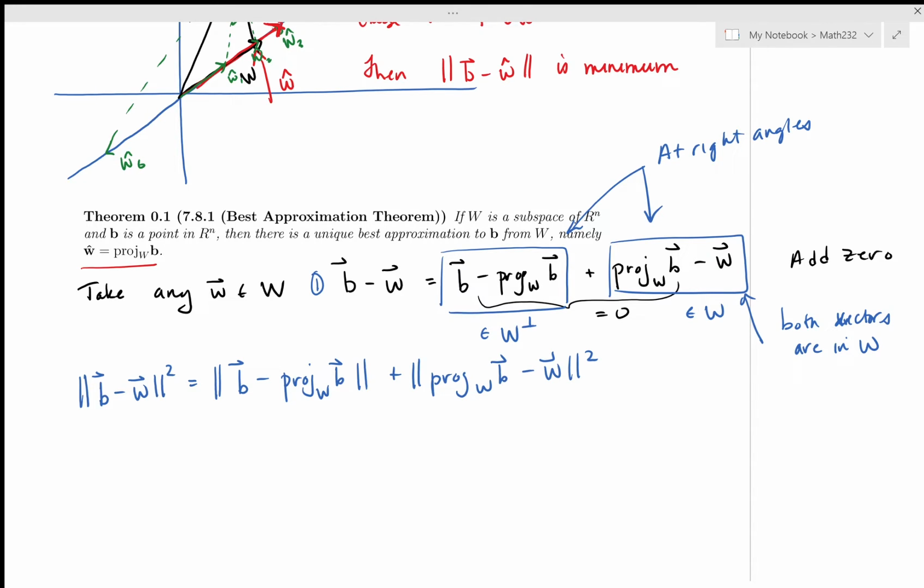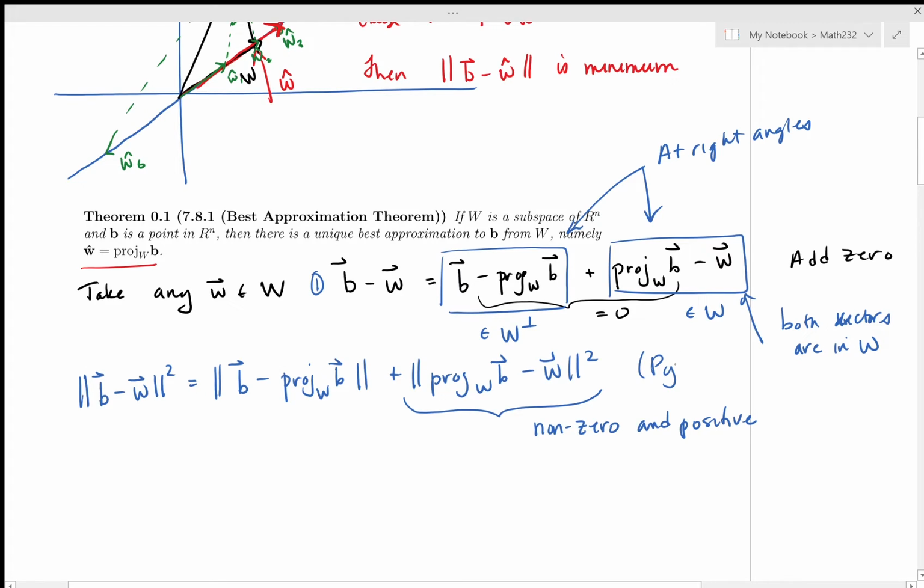I look at this term here. That term is non-zero and positive. I just want to reiterate, I can use this Pythagorean theorem because these two guys are orthogonal.